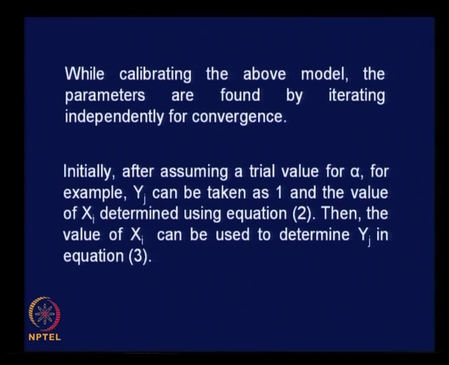Then assume initially, for convenience, Yj to be just unity, for example Yj can be taken as 1, and the value of Xi is determined using the earlier equation, equation 2. Then the value of Xi can be substituted to get the value of Yj using equation 3. Clear?